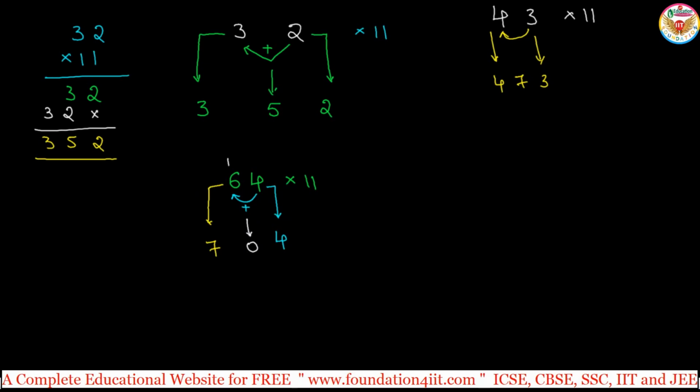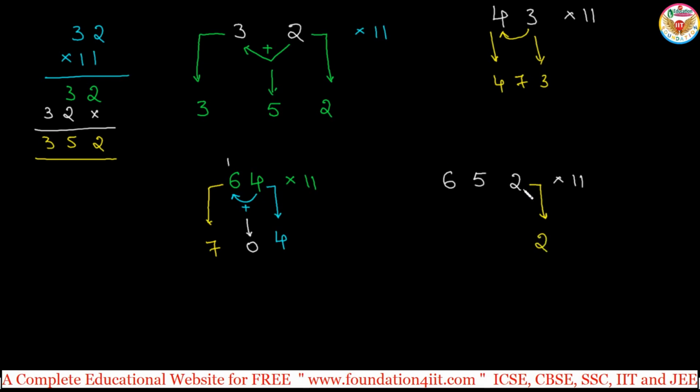Let us go for a higher number now. If you take not only 2-digit but even 3-digit or 4-digit numbers, anything is the same. Take the question 652, multiplied with 11. See the steps. This 2 is as it is.